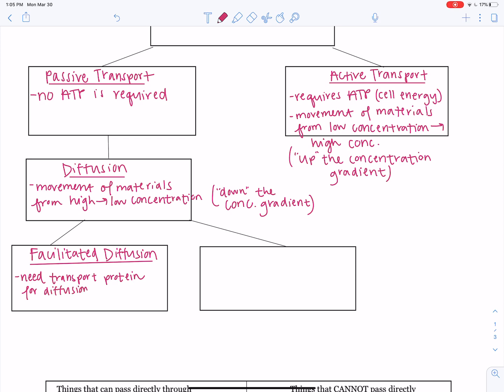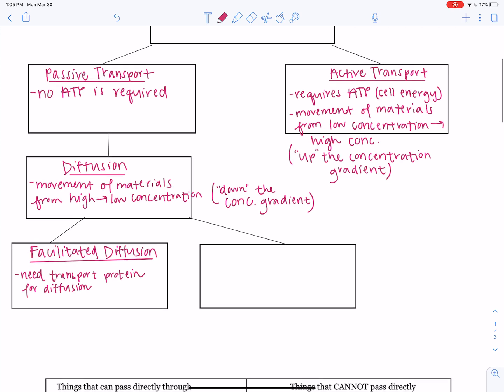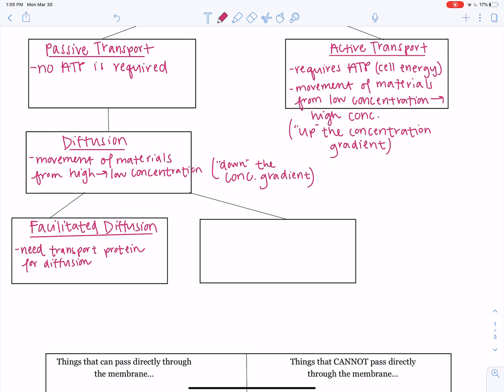Sometimes students get confused and say that facilitated diffusion, because you need a protein, you need ATP, but that's not true. No ATP is required in this process. Okay? And it is also still movement from high to a low concentration.